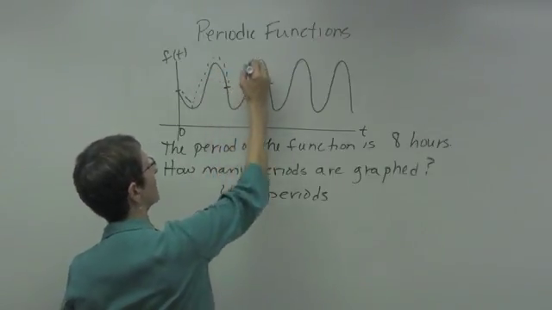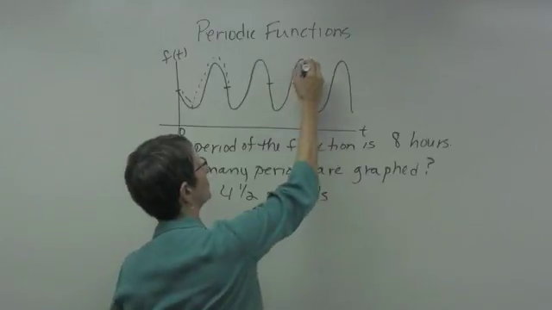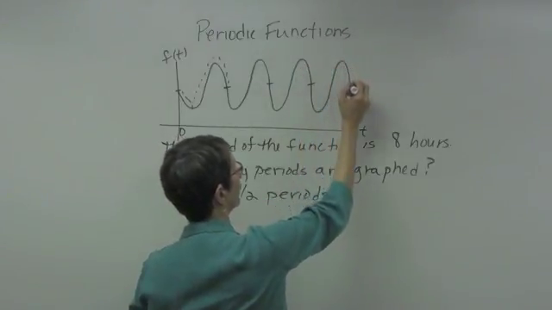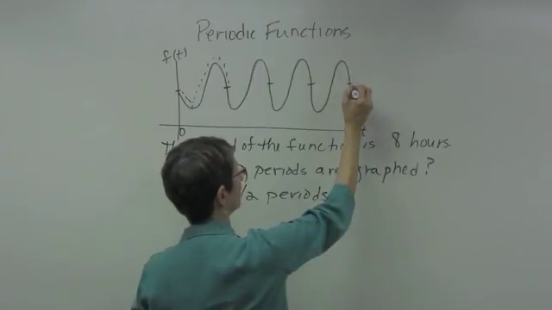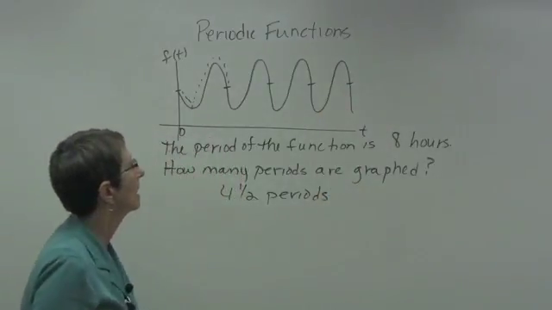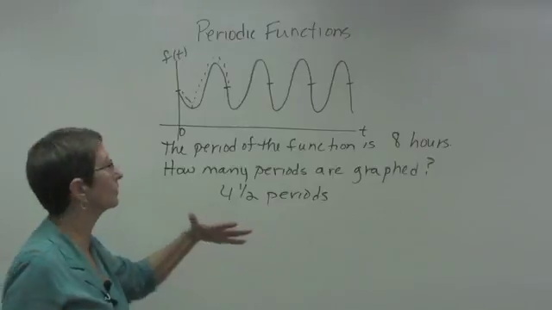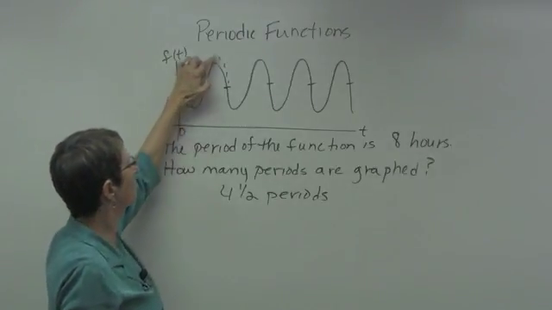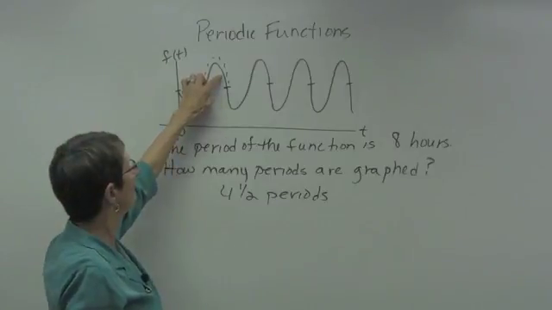So it goes down and up and down, and then it starts to repeat again to here, up and down, and starts to repeat here. Okay, so we have this little piece left over, but remember it went down and up and then down.